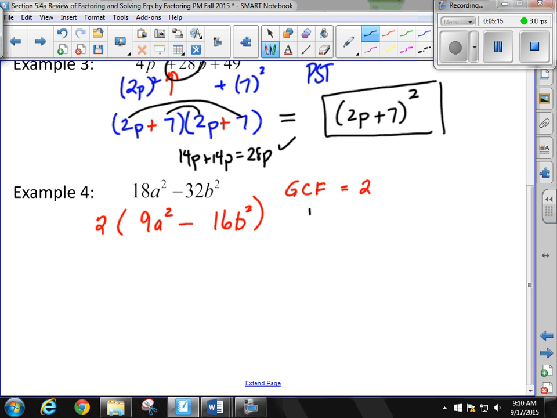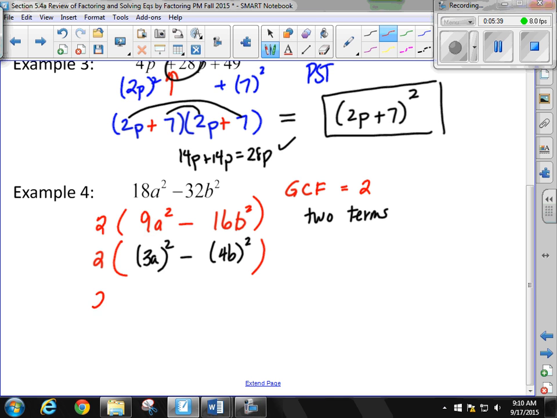Now I have two terms. Is it a difference of 2 squares? Well, 9a squared is 3a quantity squared. I do have a minus, and 16b squared can be written as 4b quantity squared. I still have my factor of 2 out in front. I do have a difference of 2 squares.